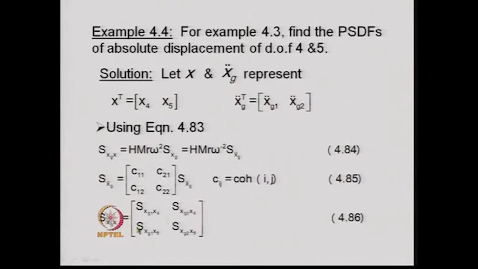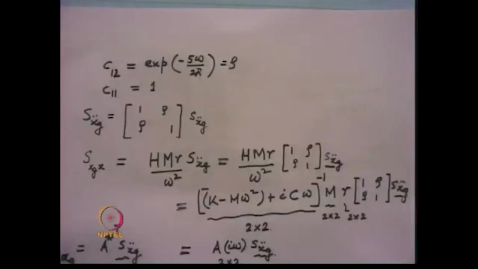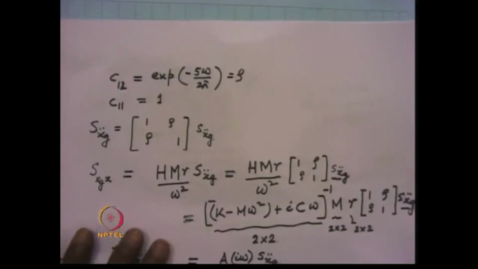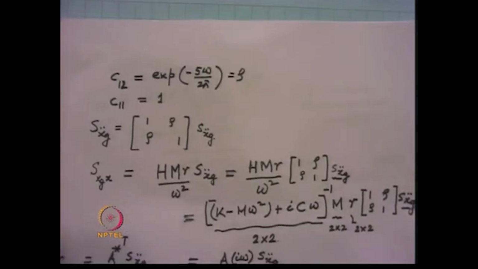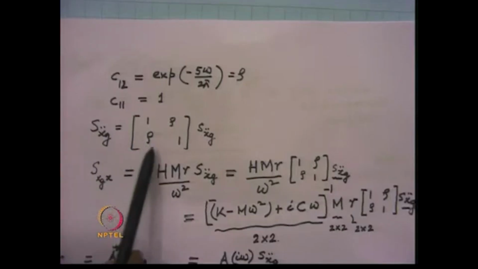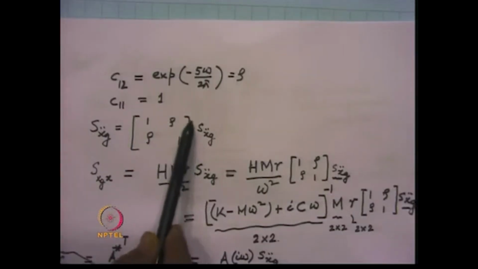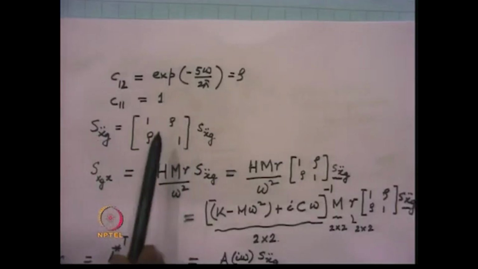However, this XGX matrix can be computed easily with the help of the above relationship that we have used. First we have to obtain the power spectral density function matrix of excitation.